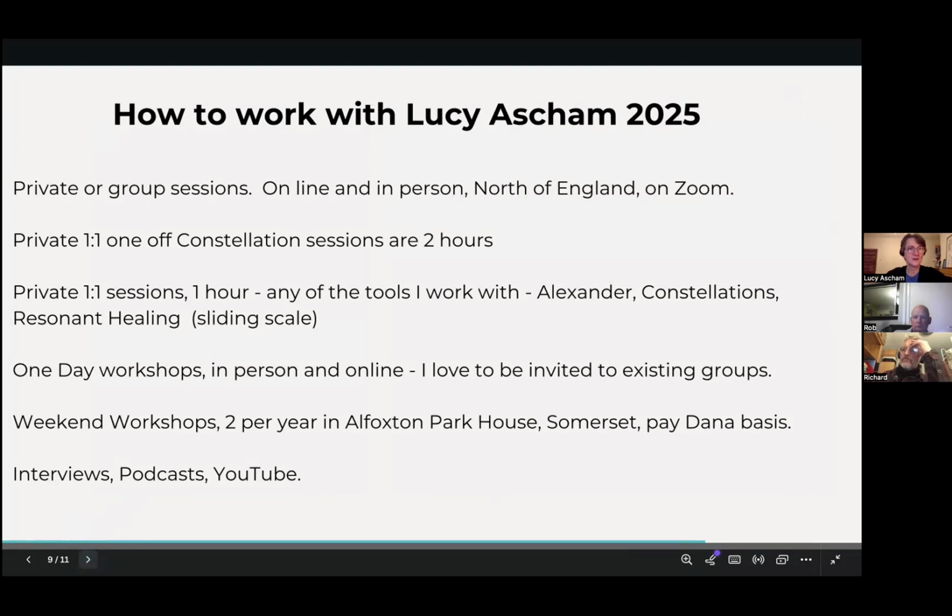I work in private and in group sessions, online and in person. Typically, if I'm doing a one-to-one constellation with somebody, it will be a 2-hour session. After that, if they want to come back and do another layer and another thread, that could be a 1 or 2-hour session.